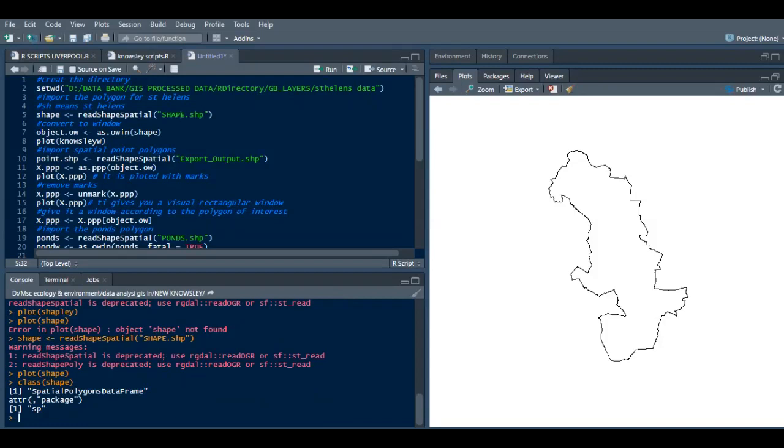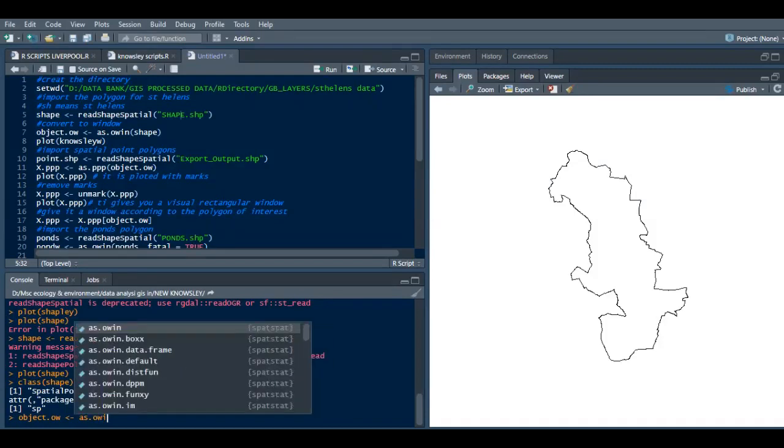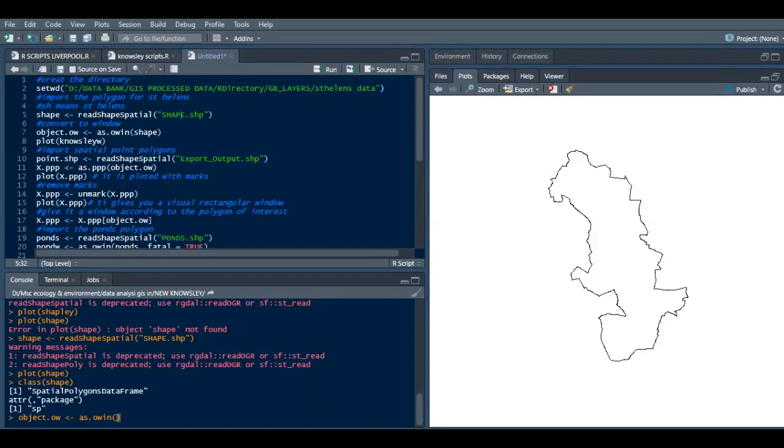a window. I want to call it object.window. The function that we use is as.owin into the name of the SP file.